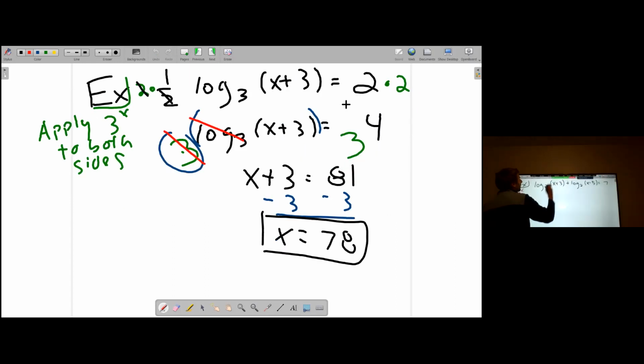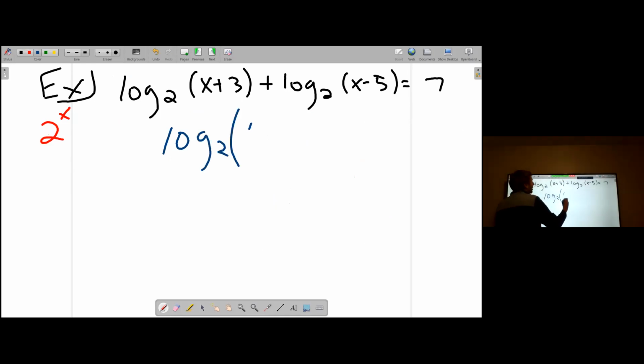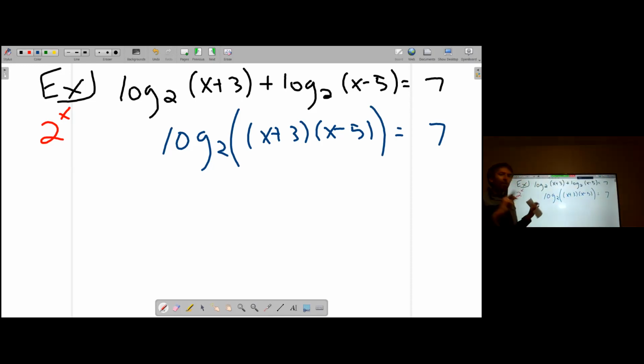We're going to turn this into log base 2, so there's only one log now, but now it's multiplication of x plus 3 and x minus 5. And that's still equal to 7. This was using the log rule.